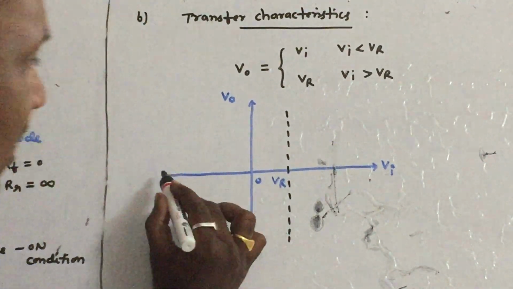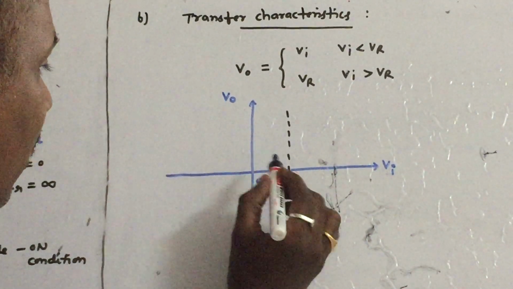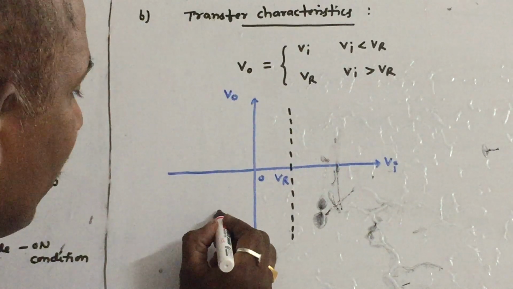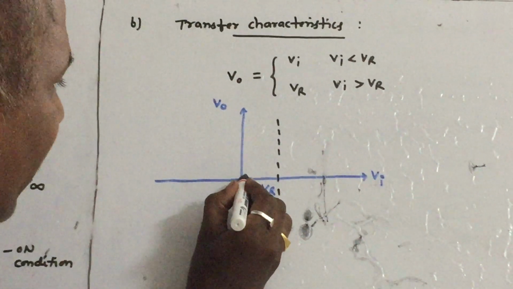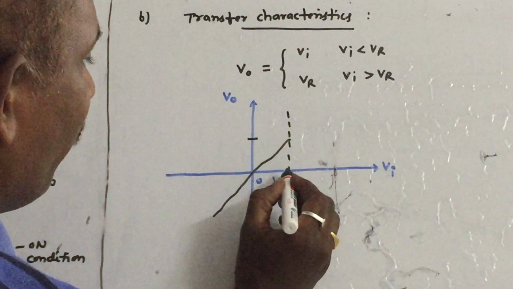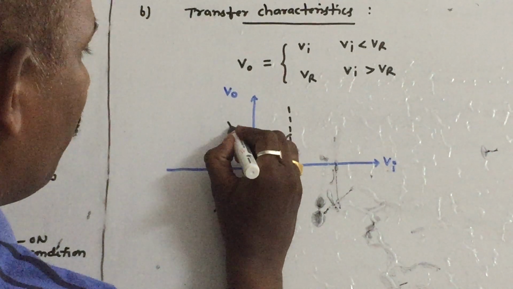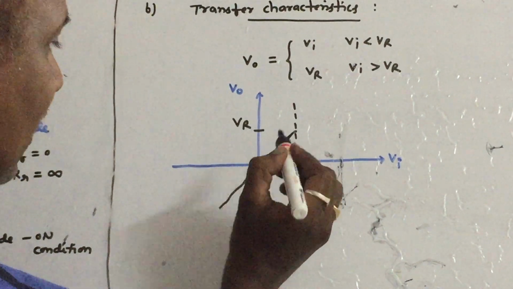When the input voltage is less than VR, till this point, the diode is in on condition. So what is the equation of the straight line? V0 is equal to Vi. So you have to draw a straight line like this. At Vi equal to VR, the output voltage is equal to VR.